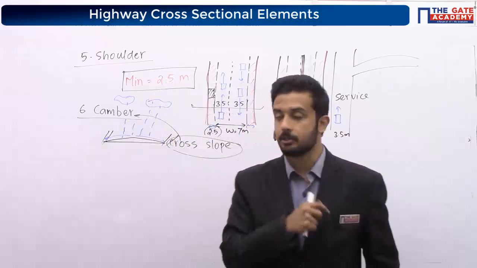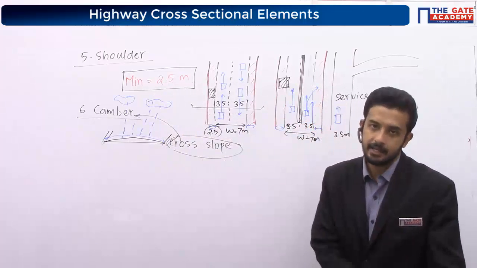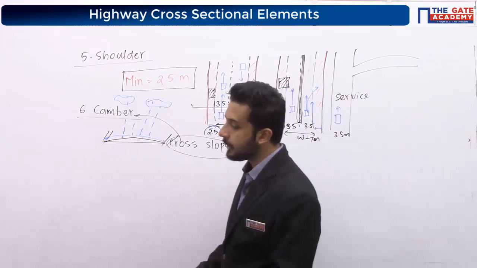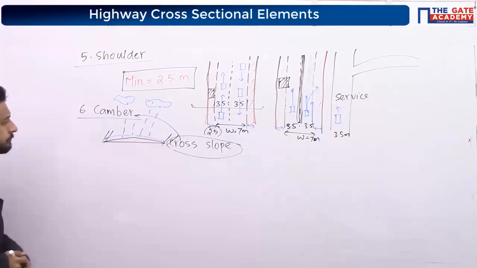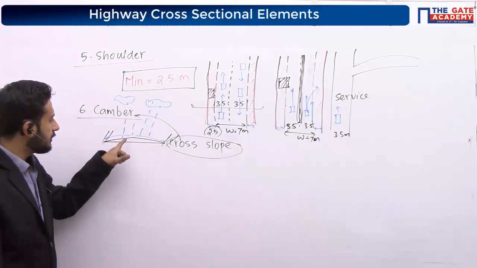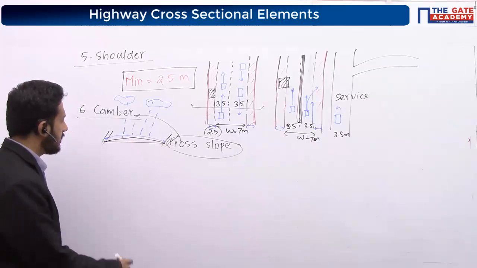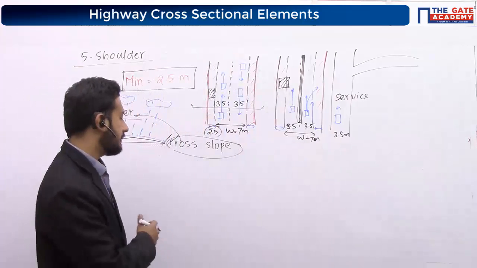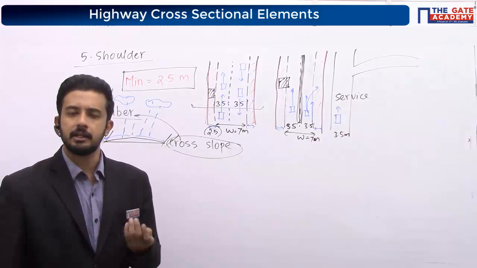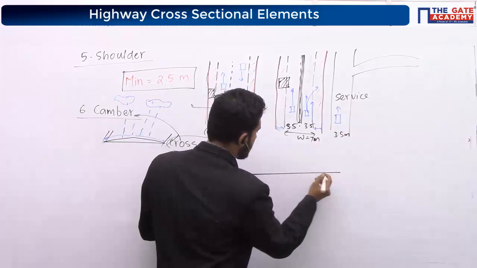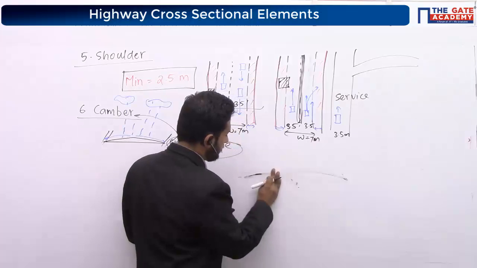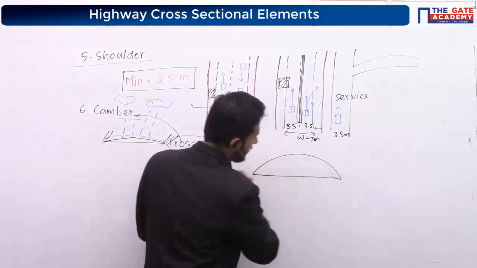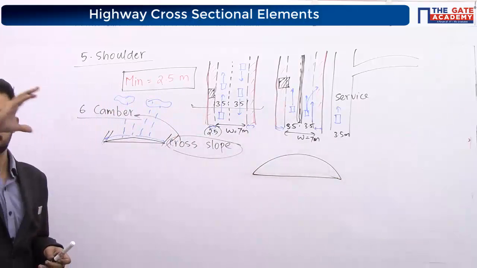And what is the purpose of providing camber? Drainage of water. No doubt that's the point. And this cross slope, I told you, will be a very minute slope. We may not realize it, but in textbooks and in some questions, they may simply give you some shape like this, though practically it will not be that much slope.